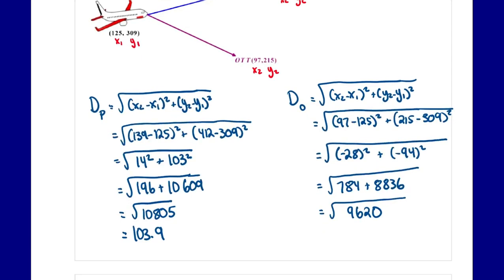We have to square root, and we get a rounded answer of 98.08. So comparing the two distances, we can clearly see that the distance to Ottawa is shorter. So therefore, the plane should go to Ottawa.